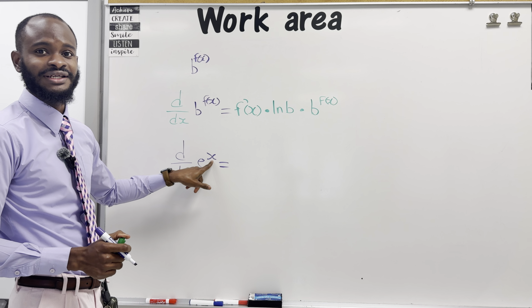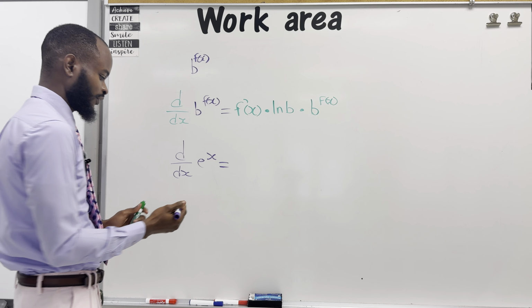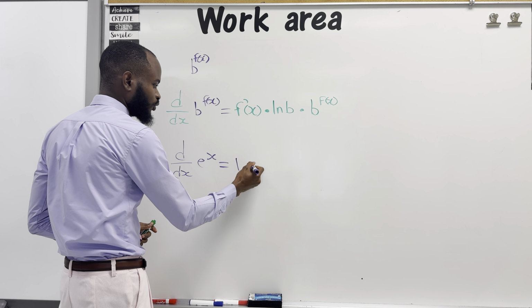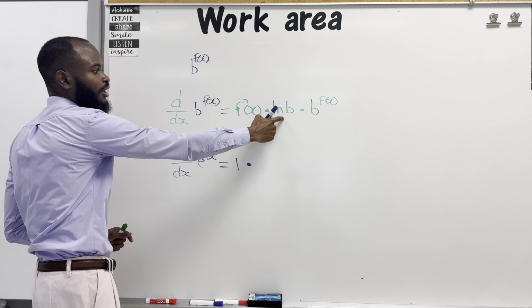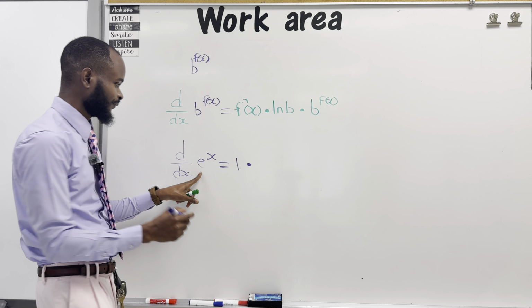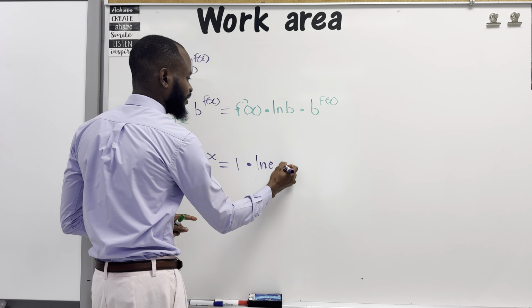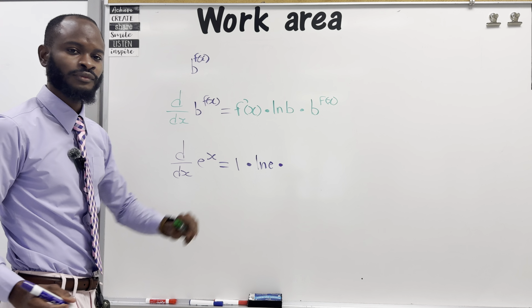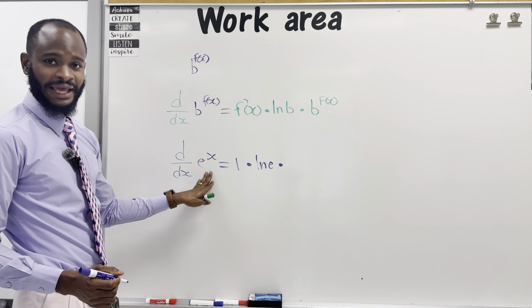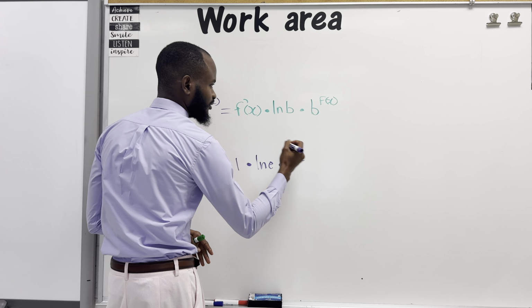The exponent here is just x, and the derivative of x is 1. We multiply that by the natural log of the base, which is e, so ln e, and we multiply that by the original function, e to the x.